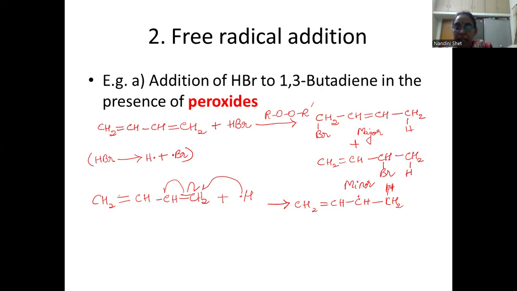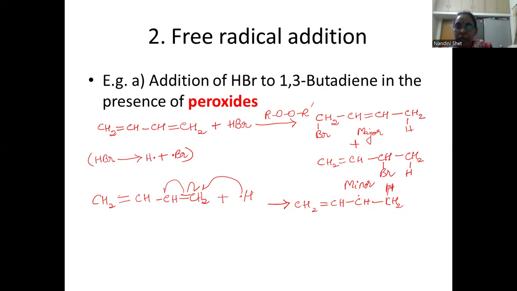This is an allylic free radical. It means if you see the position of this free radical, there is a single bond immediately next to it, and in the next position there is a double bond. So if the position of single and double bonds is like this, we call it allylic. So this is an allylic free radical which is obtained.